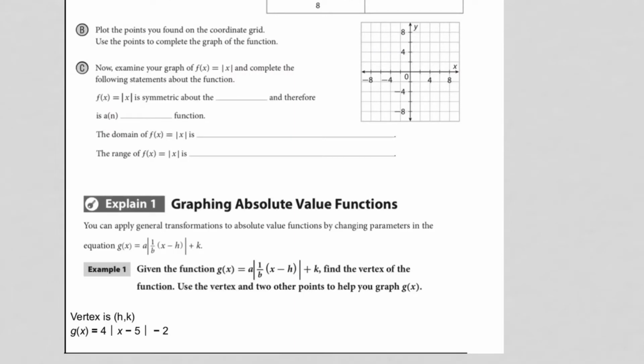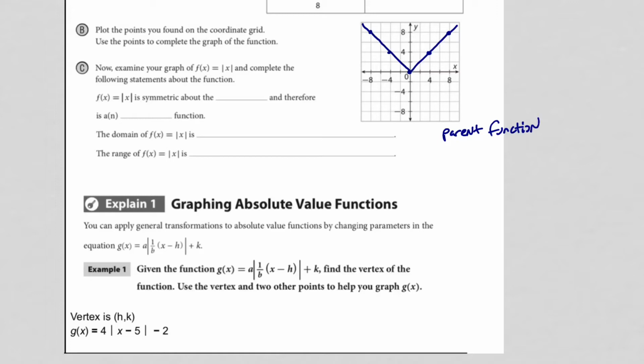Now, if you plot those points from above, at -8 we get 8, and at -4 we get 4. So absolute values do in fact have a graph, and you're going to find that the graphs of absolute values are in fact a V shape. We would call this the parent function.